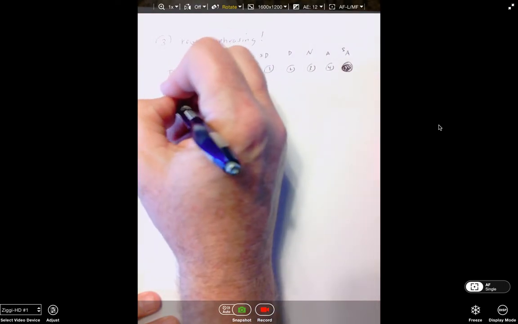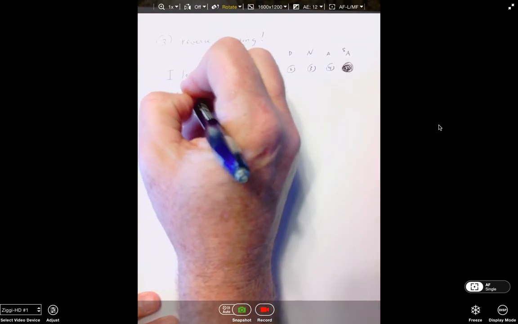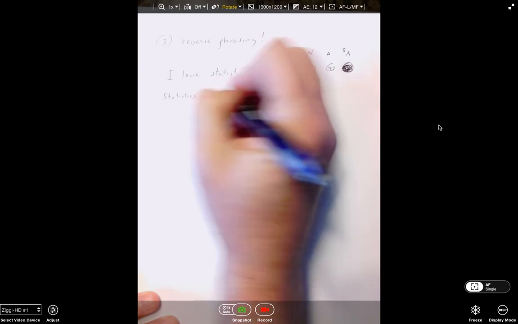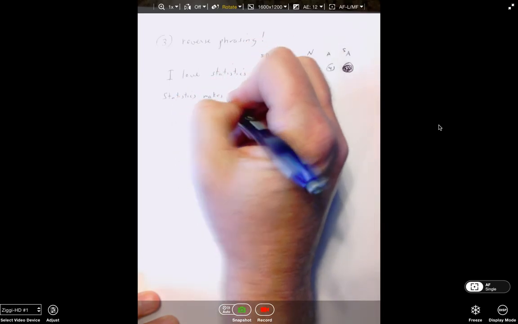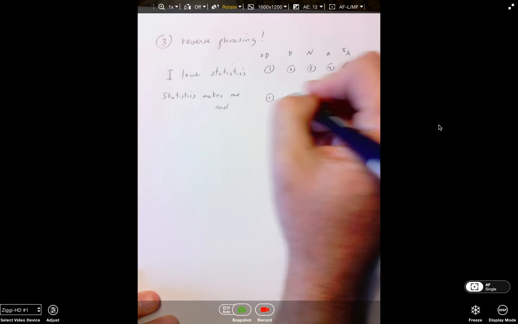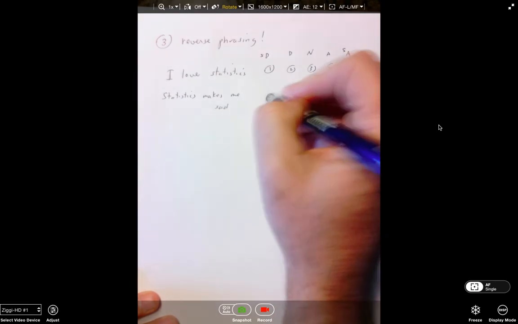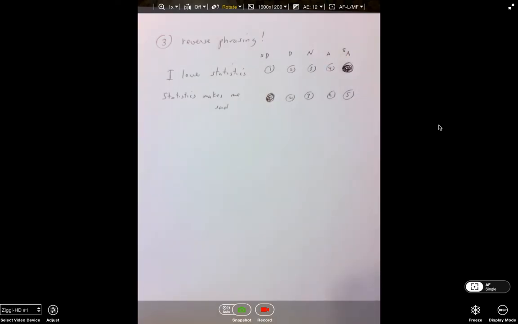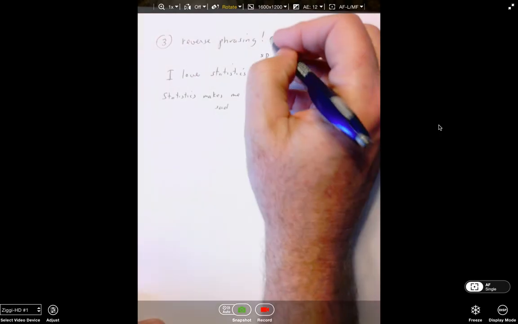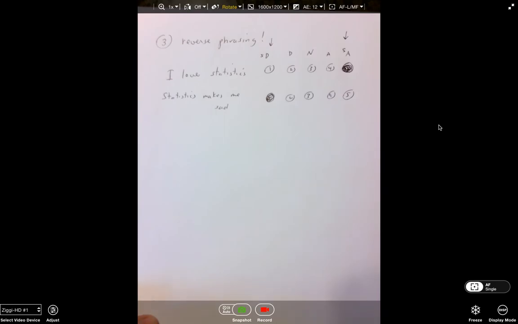And then we have, statistics makes me sad. Again, 1, 2, 3, 4, 5 here, and they put strongly disagree. Well, you have to make the adjustment so that strongly agree or strongly disagree is consistent in measuring an underlying construct.